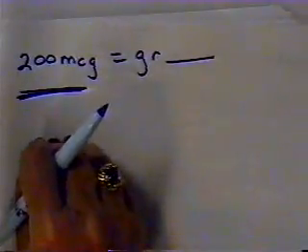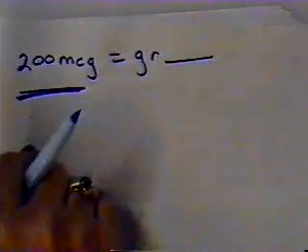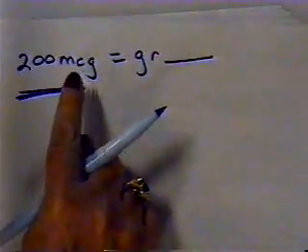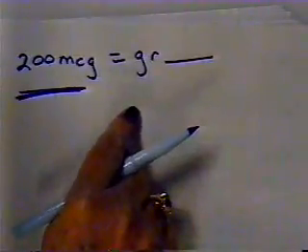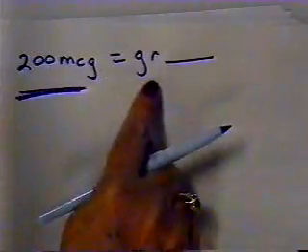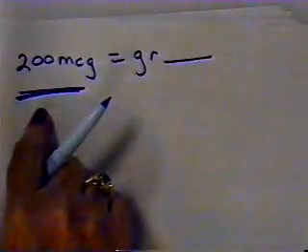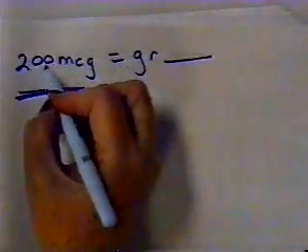So we have to go back to the metric system, back to that table on the metric. What do we have to do to move microgram to milligram? Micro to milli is how many steps? 3 to the left.